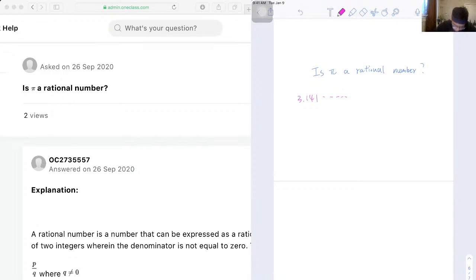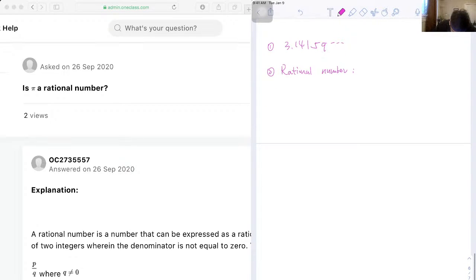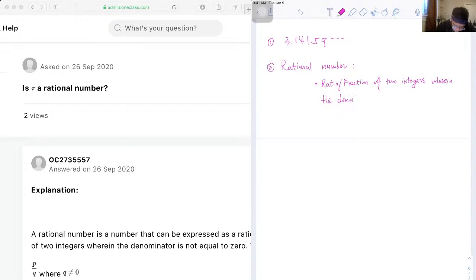So by knowing this, let's recall the definition of rational numbers. A rational number is a number that can be expressed as a ratio or fraction of two integers, wherein the denominator cannot be equal to 0.